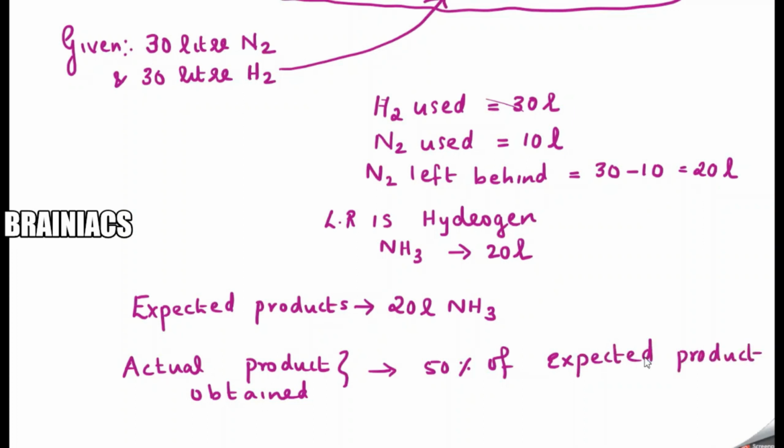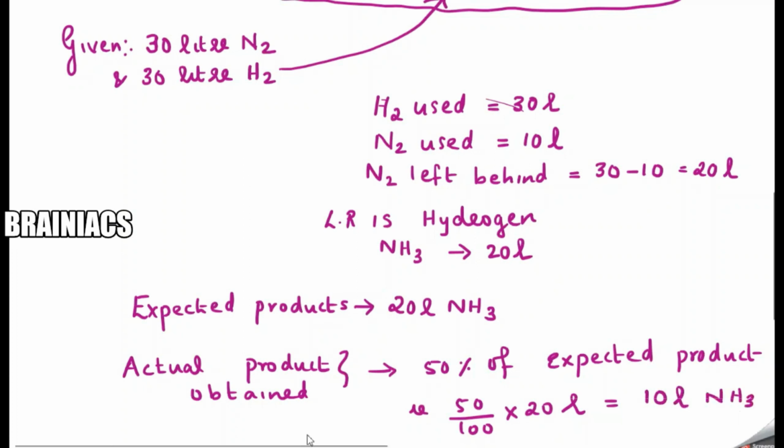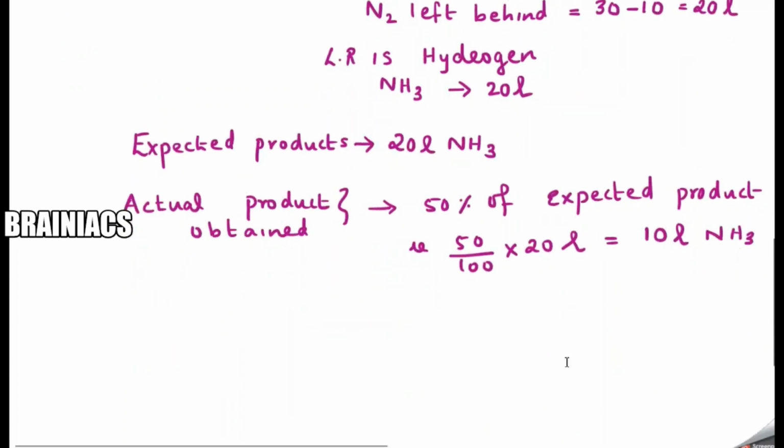So that means 50 by 100 into 20 liters. 20 liters, that is how much? It will come around 10 liter ammonia. Understood? Now they are asking you a question. To obtain 10 liter ammonia, how much amount of nitrogen and dihydrogen is used? That is what they are asking.